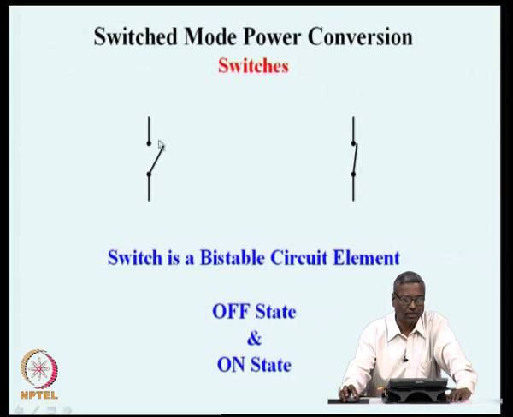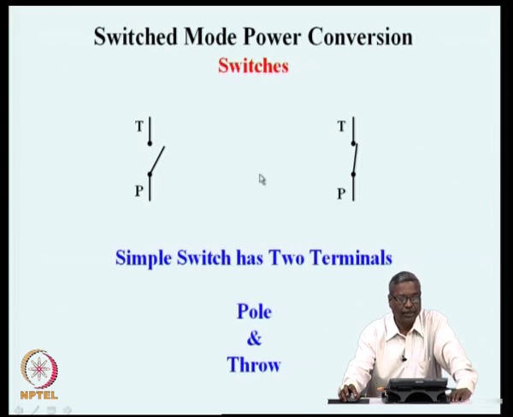One state is called the off state and the other state is called the on state. So, we might say that a switch is a bistable circuit element which has two terminals and it has two possible states, and in any one of these possible states it can operate stably. These two states are called the off state and the on state.